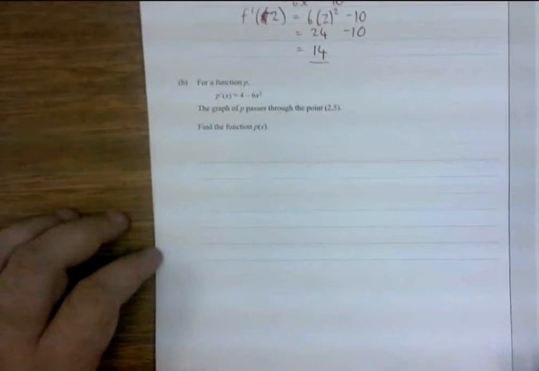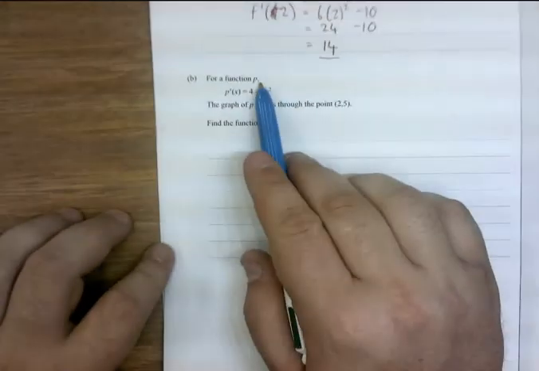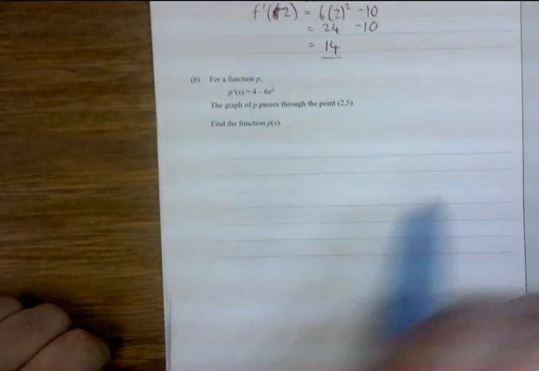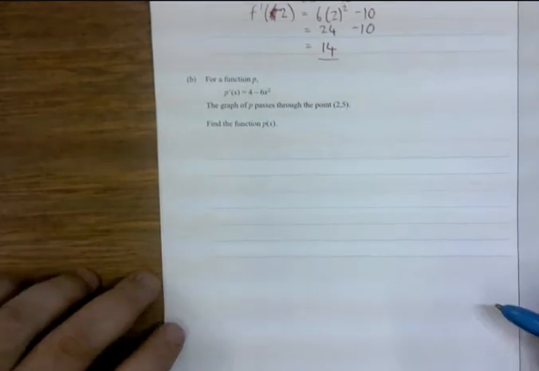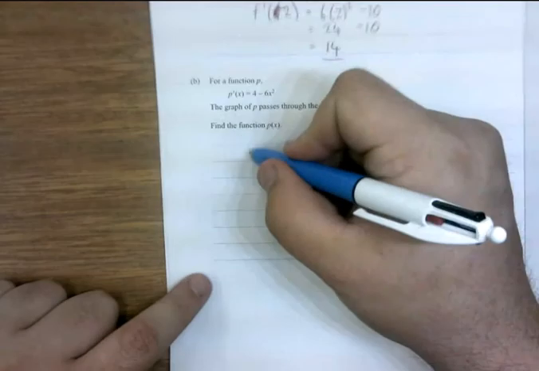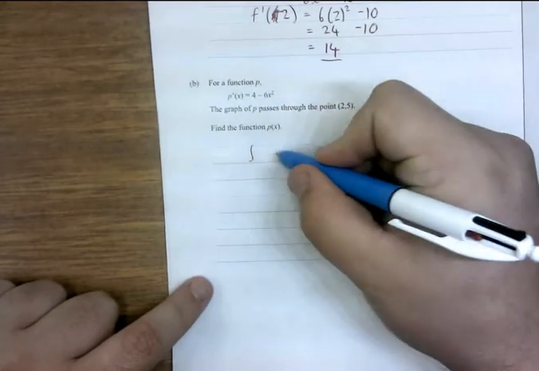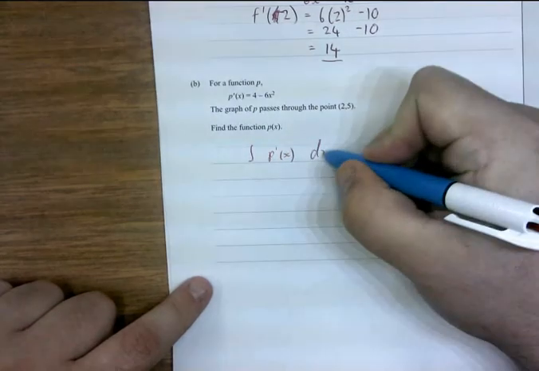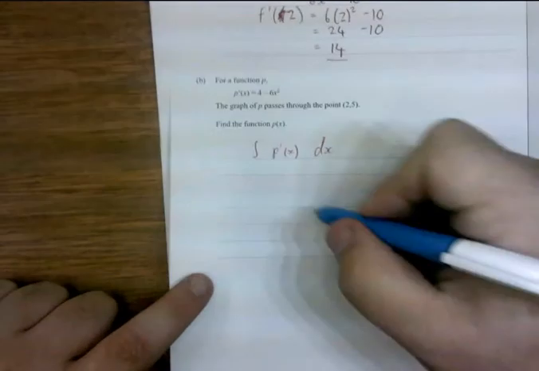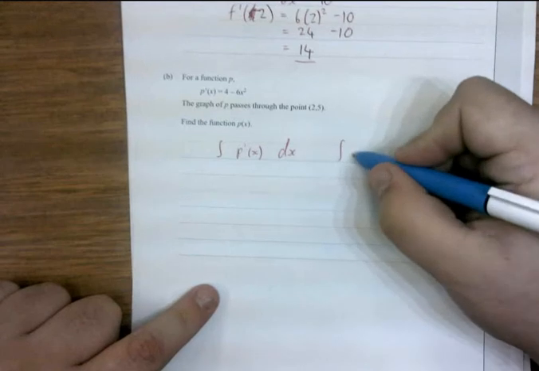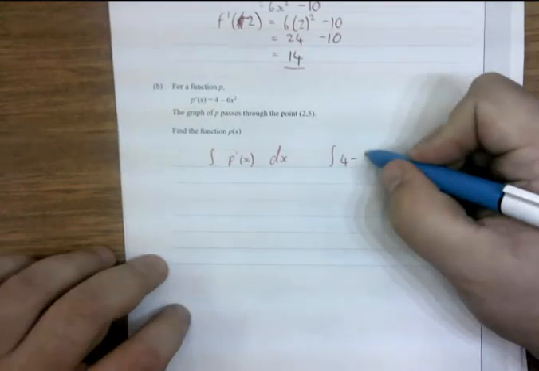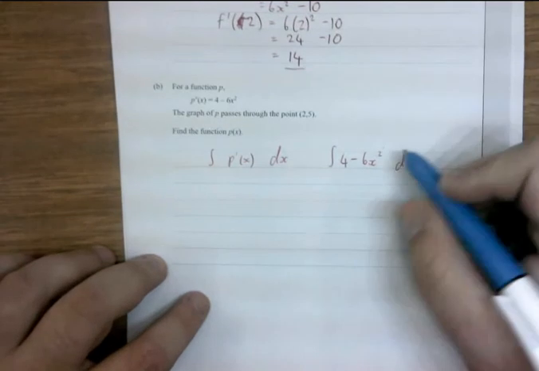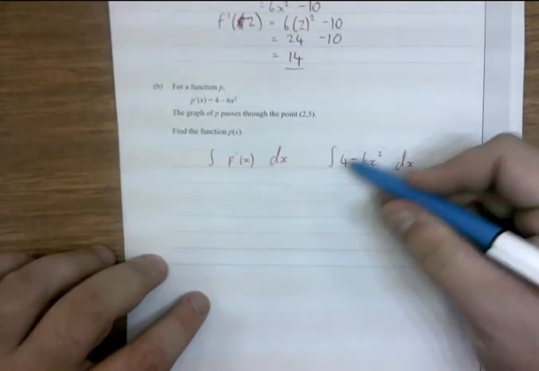Right. For function p, we're given p prime, that means if you want to find p, you're going to have to go backwards. We're going to have to integrate. So I'm going to integrate function p prime for x. So if I integrate 4 minus 6x squared, the power goes up by 1 and we divide by the new power.